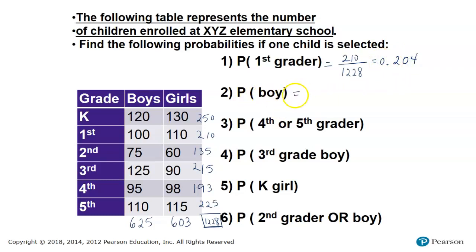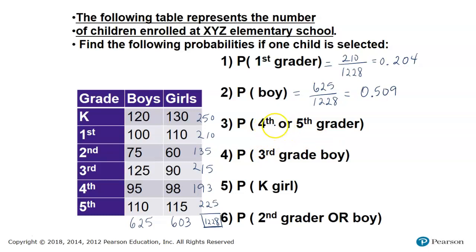For the probability of a boy, we want to add up all the boys. We've already done that, so 625 out of 1228, and that is going to give us 0.509 for that probability.